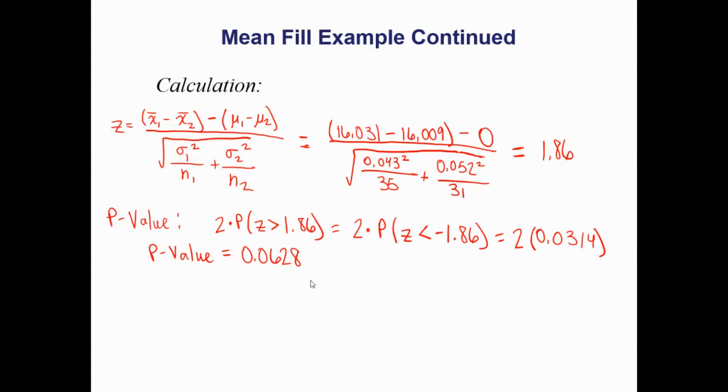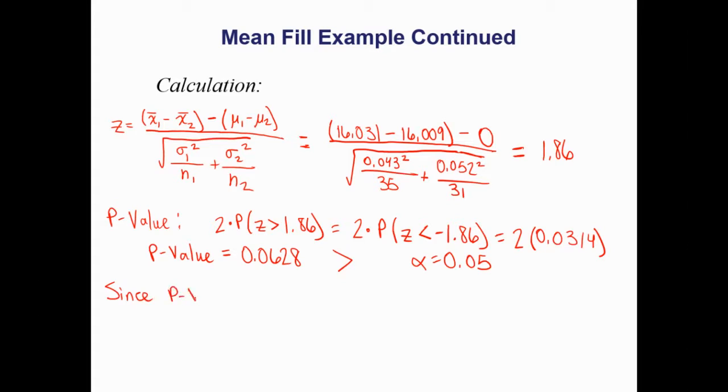Okay, so what was our alpha in this case? Alpha is 0.05. Which one is smaller? Alpha.